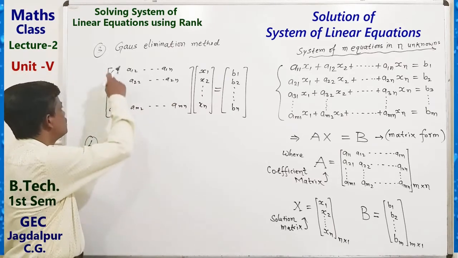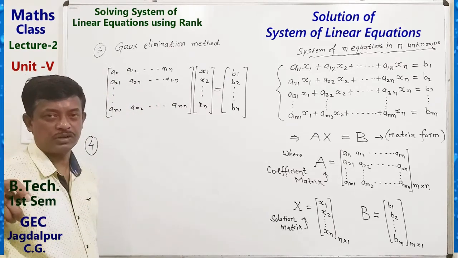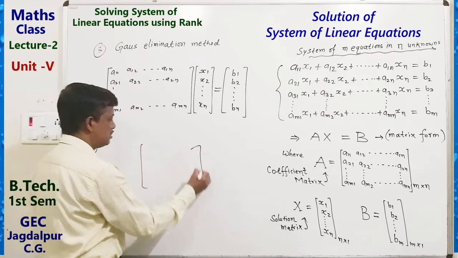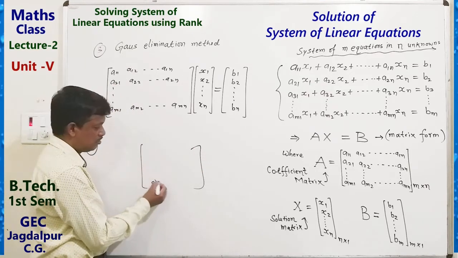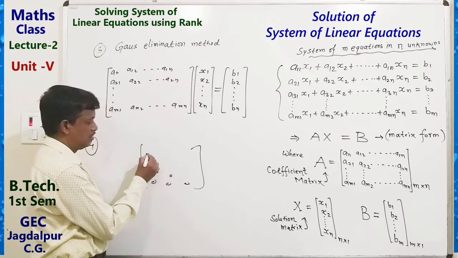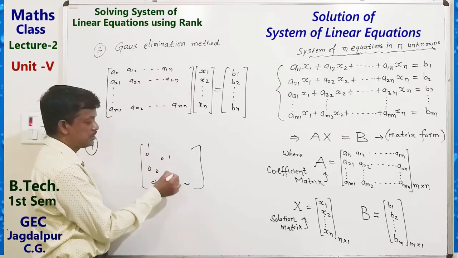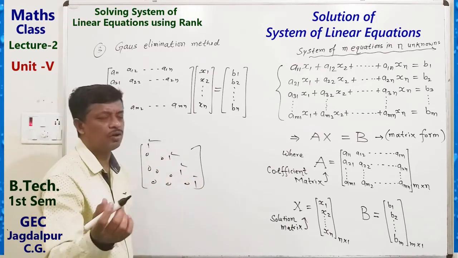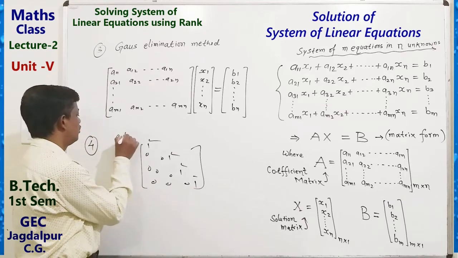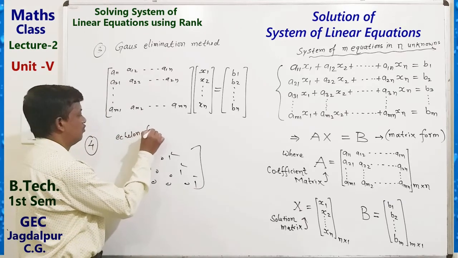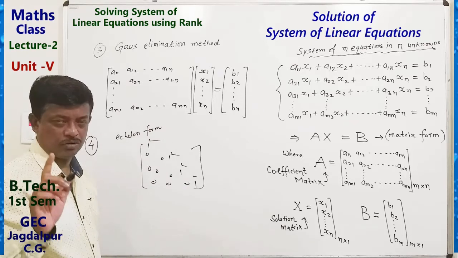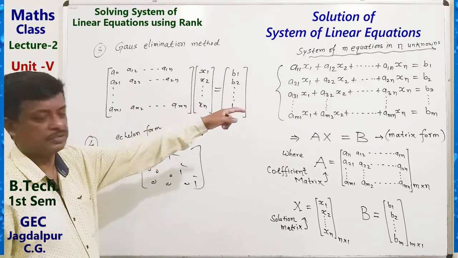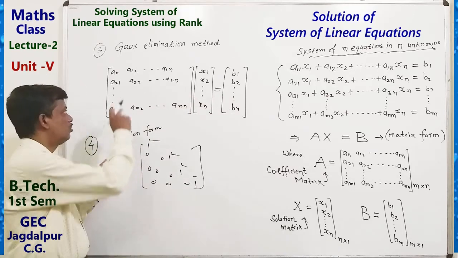Echelon form means we are trying to make 0s here and the first element should be 1. This is our echelon form.